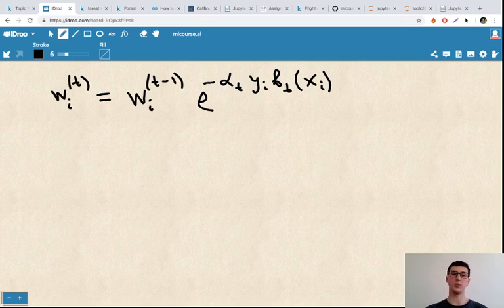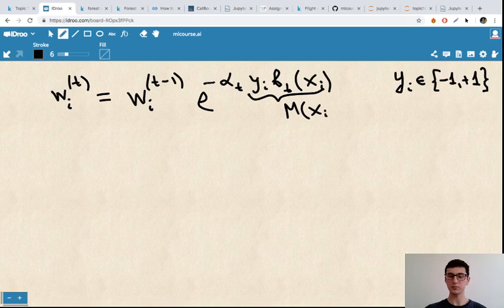And again, I'm going to stick to this designation that values of our target feature are going to be either -1 or +1. This will be more convenient. Okay, so this we called margin for an instance. Well, it actually depends also on y i, so it's actually a function of a pair x i and y i. So this is margin.